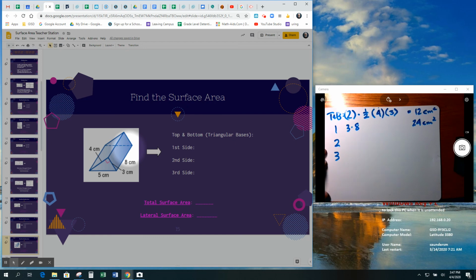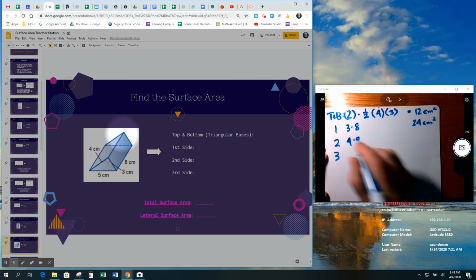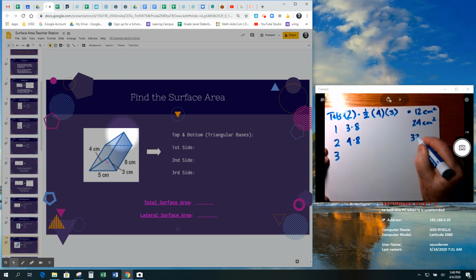Side 2. Let's go with this face right here. So this edge right here is 4 centimeters. And the height is 8. So 4 times 8. And that's 32 centimeters squared.